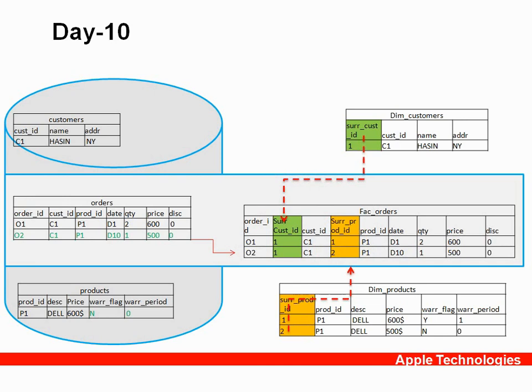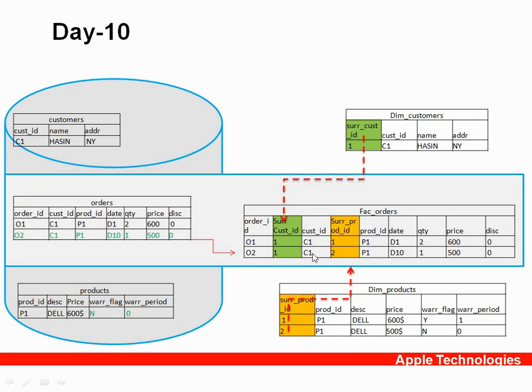So that's why, if you do not keep these values here, assume that you don't have this, then if you join on P1, you will not have any clarity about when you purchased this product and whether you have a warranty period or not, because both P1 records are there. We don't know what is exactly associated.